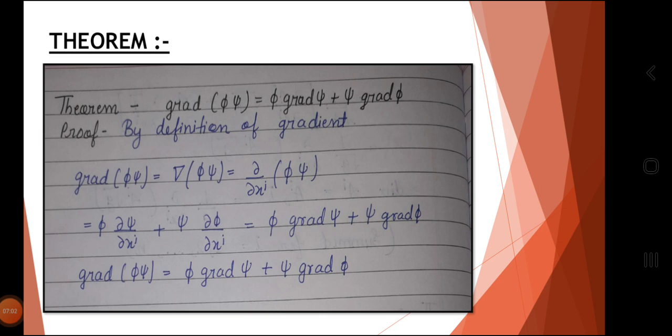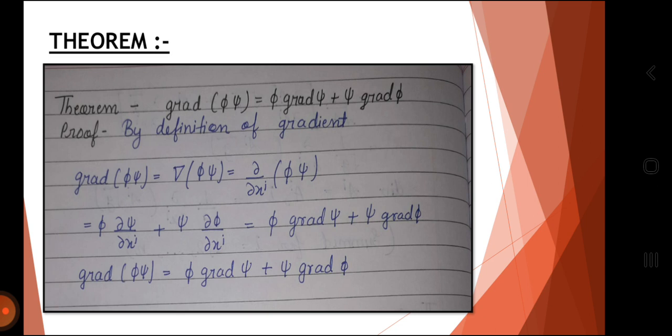Now coming to the next theorem, we have to show that grad of phi psi equals phi grad psi plus psi grad phi. Coming to the proof, by definition of gradient, we know that gradient of phi psi equals nabla of phi psi, which equals del upon del x^i in the bracket phi psi, which equals phi del psi upon del xi plus psi del phi upon del xi.